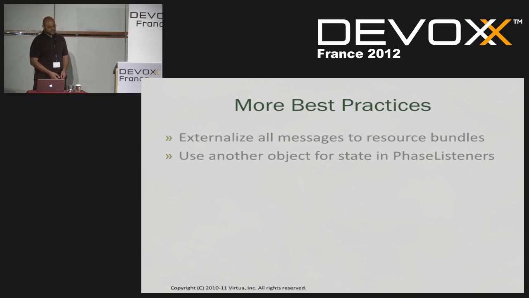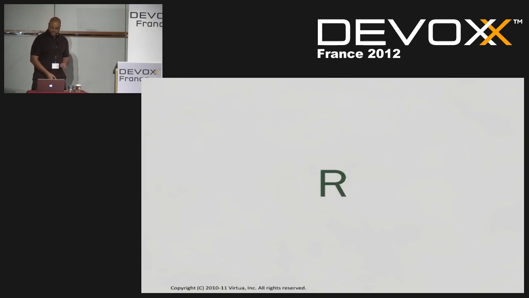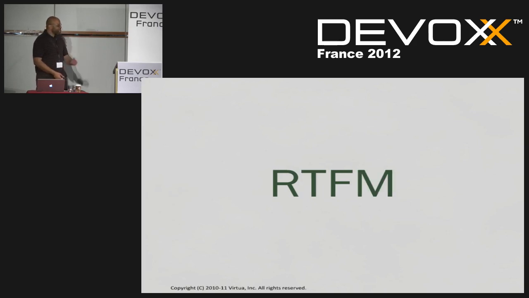All right, and one of my most important pieces of advice is this. I find a lot of developers just don't read the manual, okay? Whether the manual is the JSF spec or a book or some articles, it helps to put a little effort into figuring out what you're doing first.